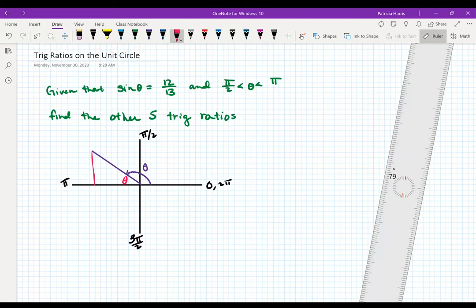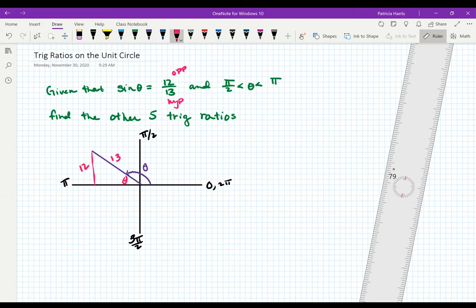Okay, so what do you know about sine? Well, sine is opposite over hypotenuse. So if I go opposite my theta, that's going to be 12. I know it doesn't look like 12, but remember, this is just for reference. And your hypotenuse is 13. Now, the first thing I notice about this triangle is it's missing a leg.